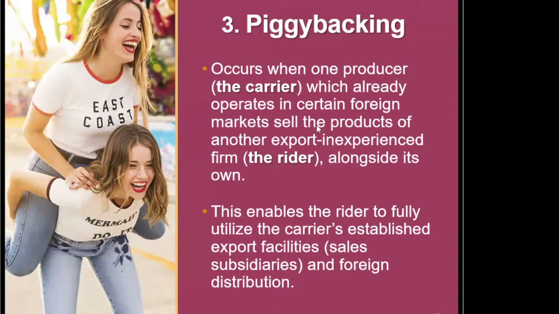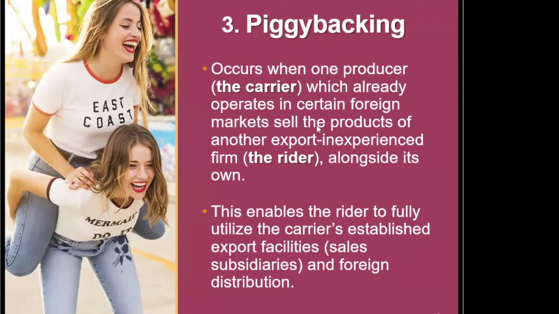And this usually happens when the firm adopts one of the interaction approaches to internationalization. Do you remember when we talked about the interaction approach? Theories of internationalization. Remember we talked about the stages approach, the contingency approach, and then the interaction approach.